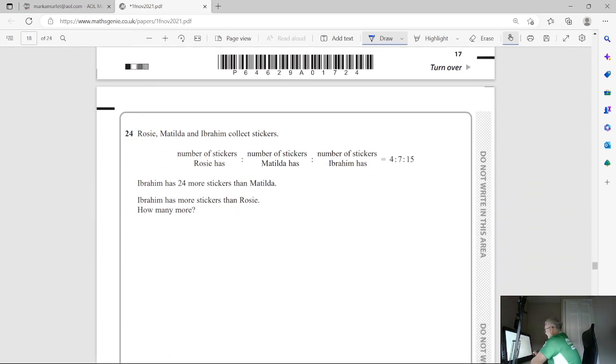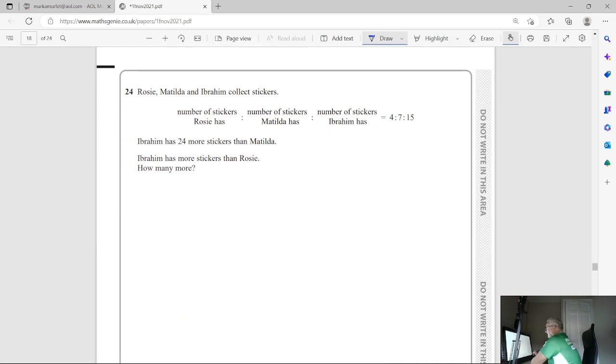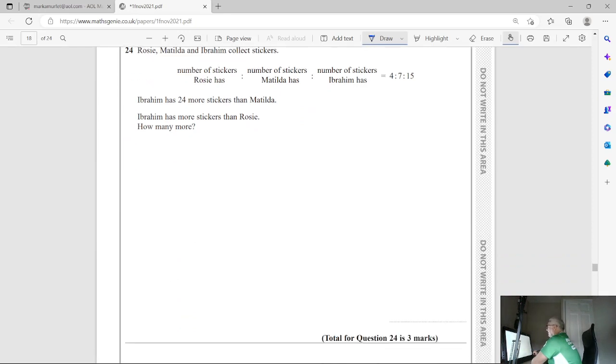Okay, question 24. This is one of the ones that a lot of people did struggle on when this paper first came out. So again, we're going to work through the question piece by piece. First line of the question, we've got Rosie, Matilda, and Ibrahim. Collect stickers.